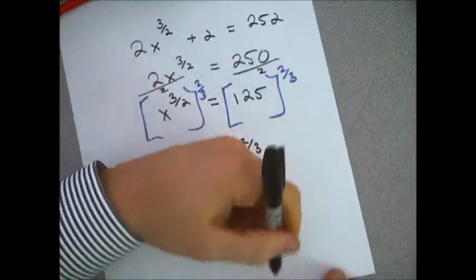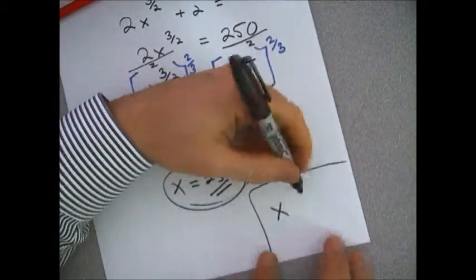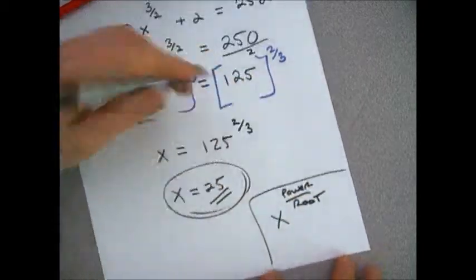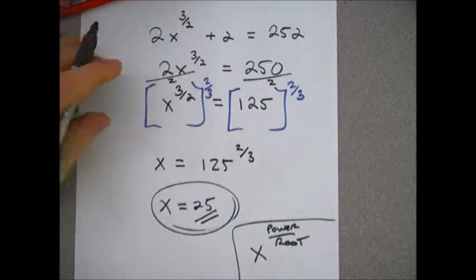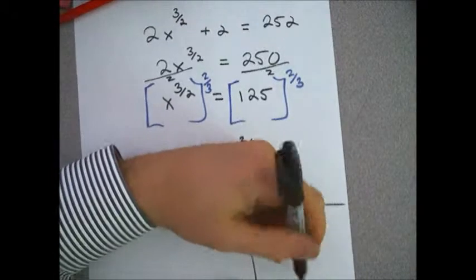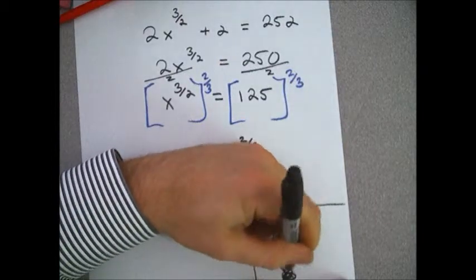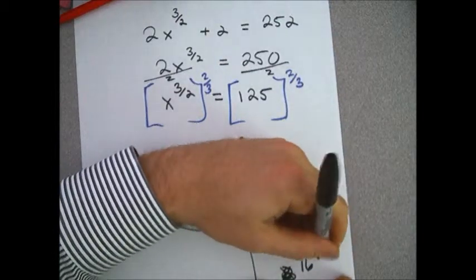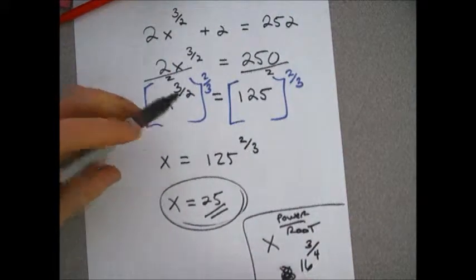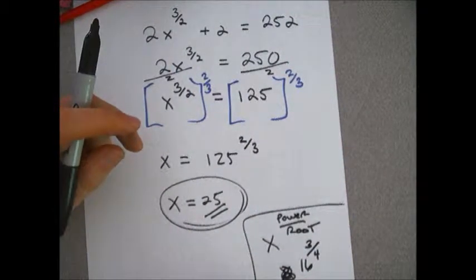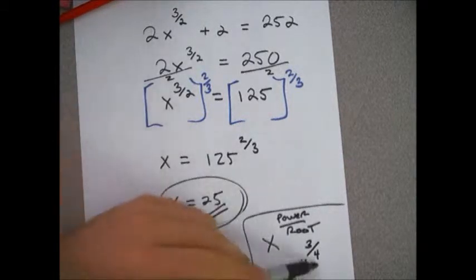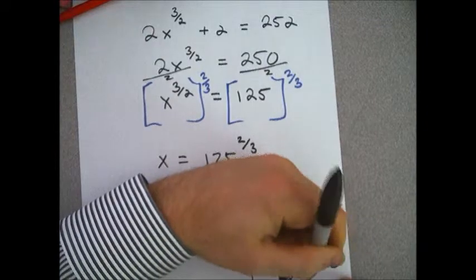Whenever you do these, little side note down here, x to the power over root. And which one do we always want to do first? Do the root first and then raise it to the next power. So for example, if you had 16 to the 3/4 power, this would be like saying the 4th root of 16, which is what? 2, and then 2 to the 3rd power is 8.